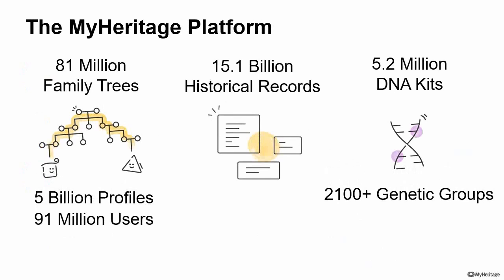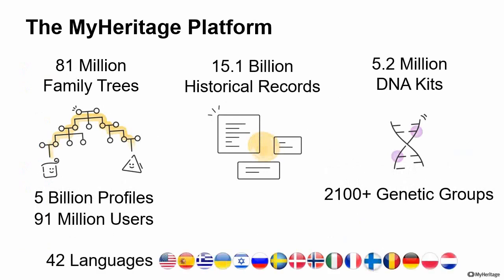Now, all this is very important for you as a user, because this is all what you're going to be helped with through the mobile device, and MyHeritage will hopefully help you make amazing discoveries. Although we are having today our webinar in English, MyHeritage also supports 42 languages.